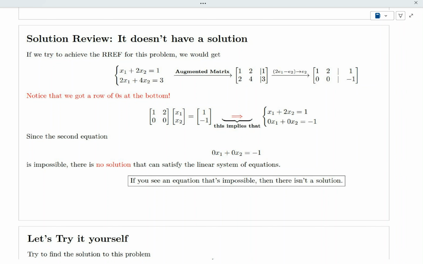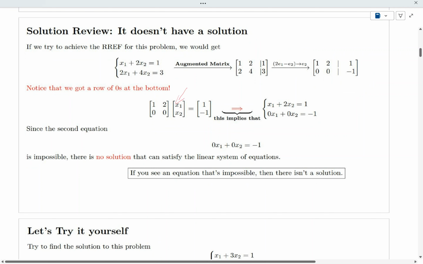The only problem is if we convert this back into equations. Remember how we go from here to here? We multiply x1 and x2 back into the system of equations. After we multiply, notice this is 1x1 plus 2x2 equal to 1, and then the second statement is 0x1 plus 0x2, which results in this.